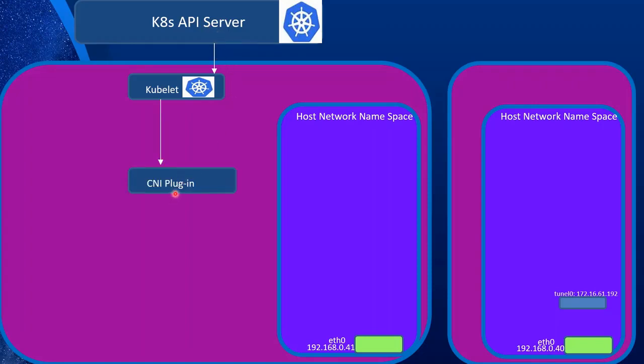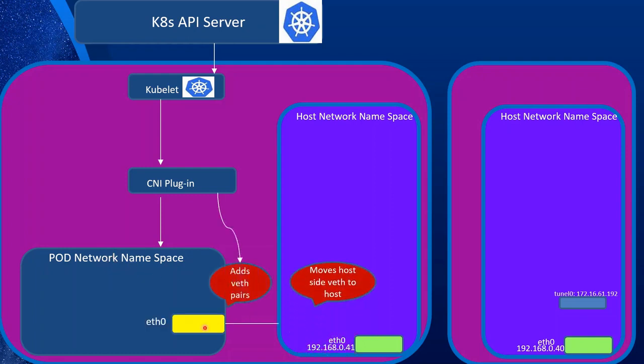Kubelet calls into the CNI plugin. The plugin creates the pod network namespace, and then it creates the veths, that is, a virtual Ethernet on both sides. One side has an IP address, the other does not. It's basically just a pipe that connects these two, and it also sets the default route for the new pod.